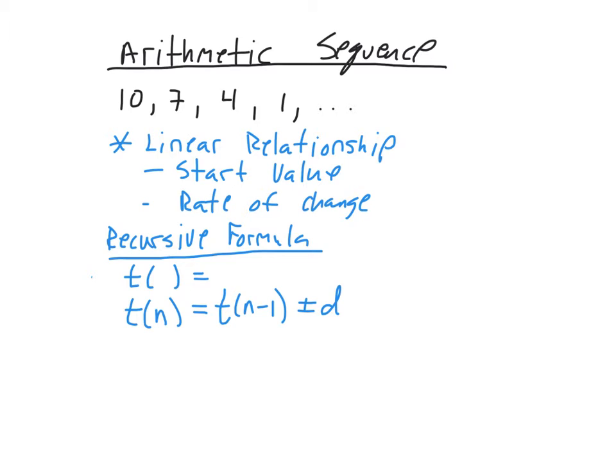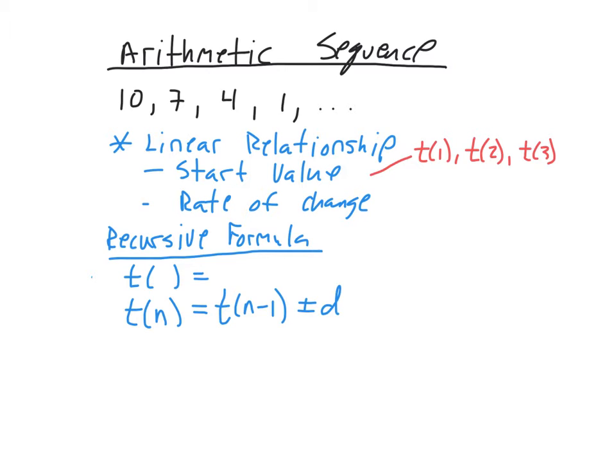Let's take a look at this example. Well, the first thing is the start value. One of the differences between this and a linear equation is the start value here can be any term in the sequence I want. I can start it at t of 1. If I'm really crazy, I can do t of 2. And then if I'm just way out there, I can do t of 3. The problem at starting with t of 3 is I miss t of 2 and 1.